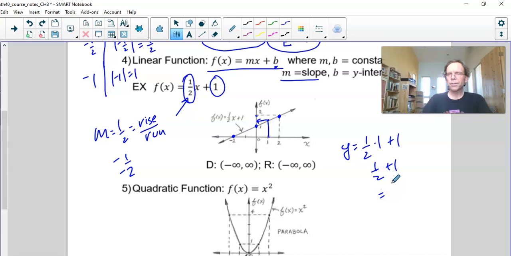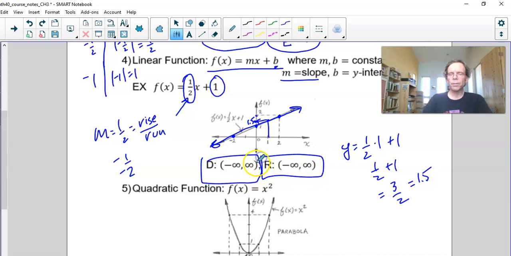And if you get a common denominator, you're going to see that's 3/2, which is 1 1/2. Does that look like 1.5 there? Yeah. Anyway, we get a line with a slope of 1/2, and it goes through 1 on the y-axis. Domain, all real numbers. Range, all real numbers.